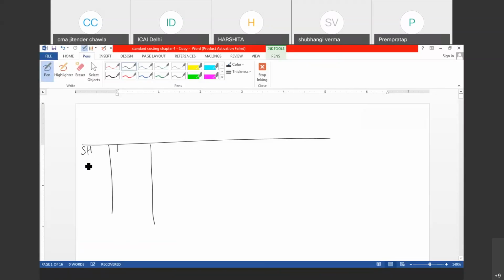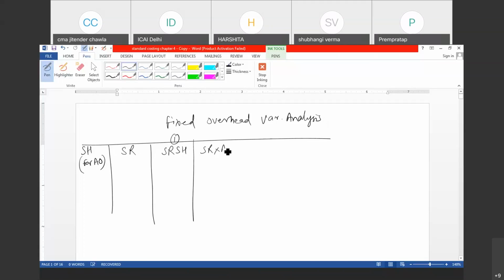Standard hour, and it is for actual output. Again, we are doing fixed overhead variance analysis. Next one is standard rate. Standard rate, standard hour. This is our first. Standard rate into actual hour.